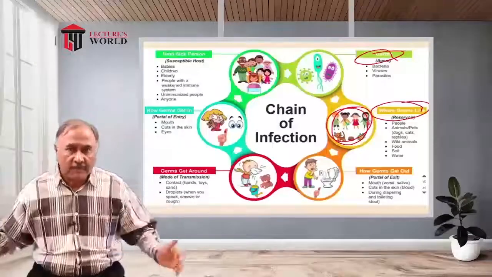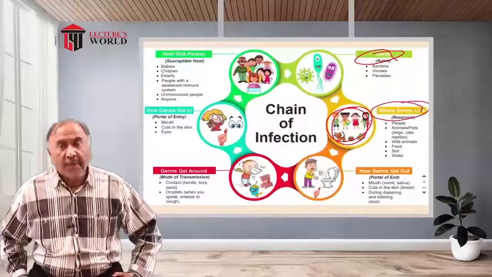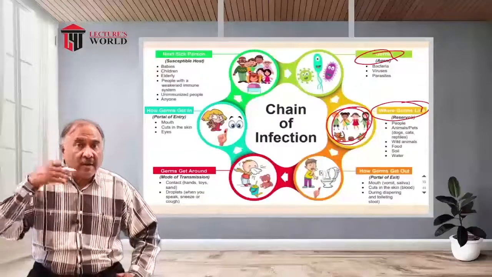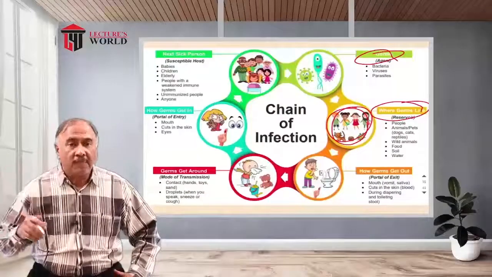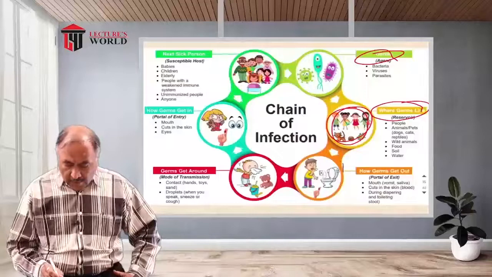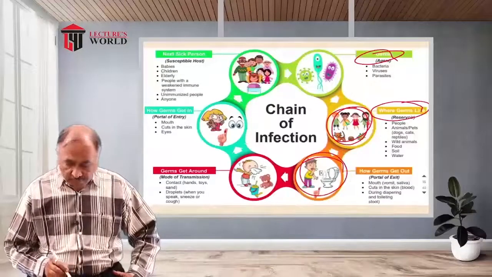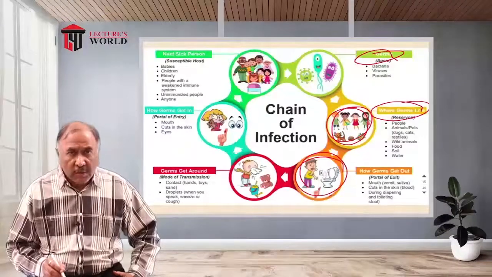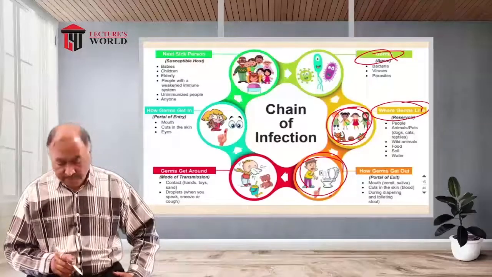We throw them out. Or I would say the pathogen tries to come out in order to sustain itself for a longer survival. This is the one. The diagram shows the defecation of an individual in a latrine.